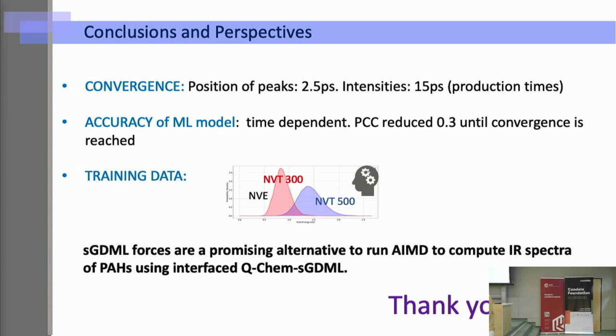On the convergence, do you see a different convergence trend between the different spectral regions, in the sense, do you see, for example, fast mode, high frequency mode convergence before? I did not, let me think. I mean, I have the data in my mind. No, I didn't really see any.